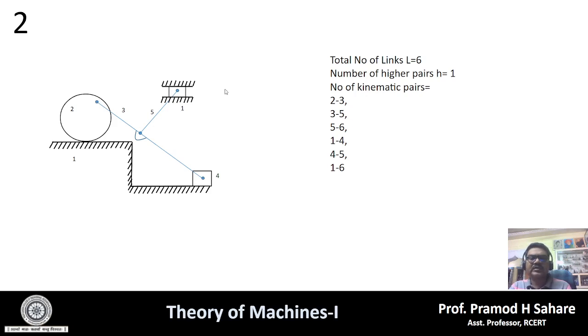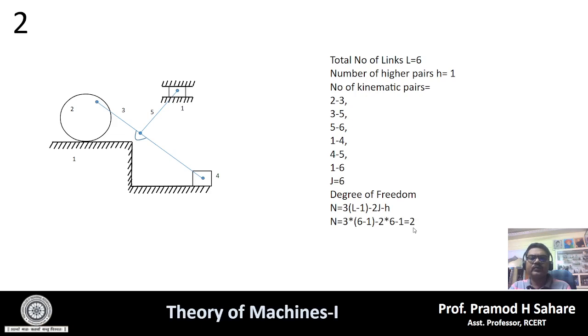So total 6 kinematic pairs. After applying the formula and putting all those values, we'll get degrees of freedom as 2.